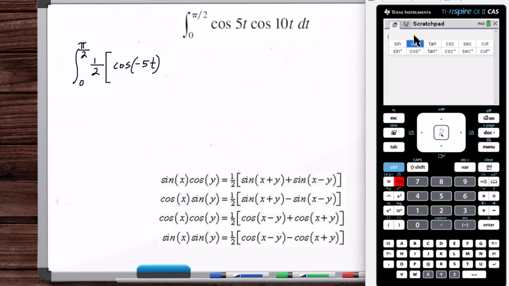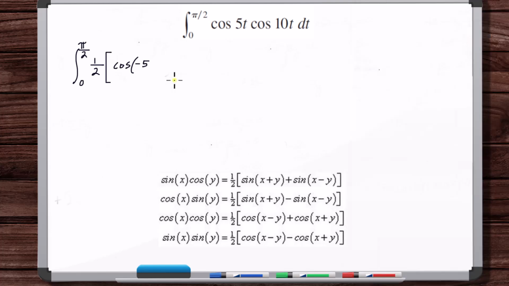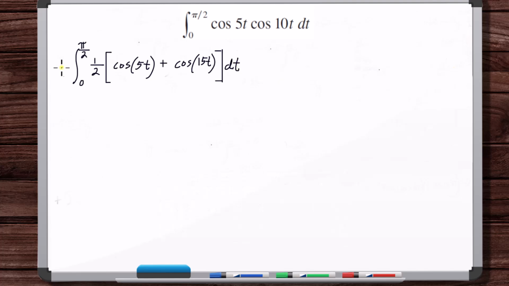So cosine of minus 5t is just cosine of 5t, plus cosine of 5t plus 10t, so 15t. Okay, so we've got 1/2, and the integral from 0 to pi over 2.